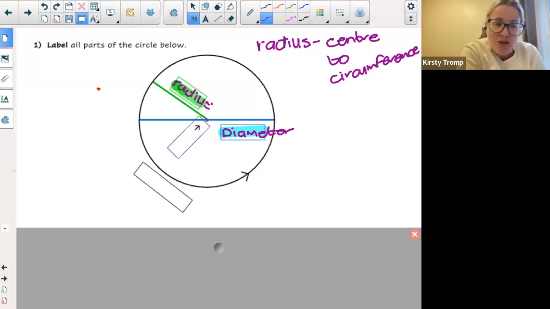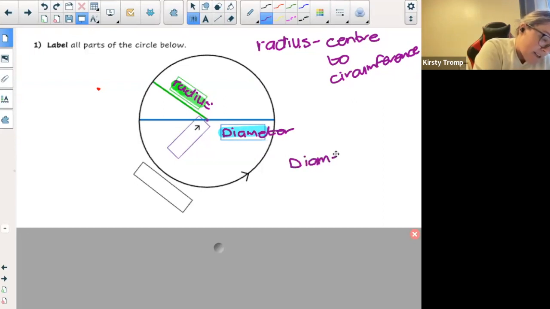Thanks, Tara Jane. Tell me, Tara Jane, can you describe the diameter to me? So I said the radius went from center to circumference. What about the diameter? The diameter splits the top half and the bottom half of the circle. Amazing. Perfect. It splits it in half. Well done. Cool.